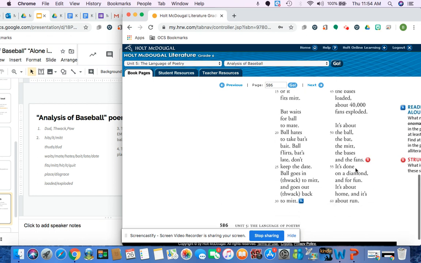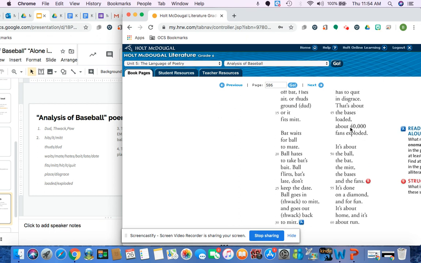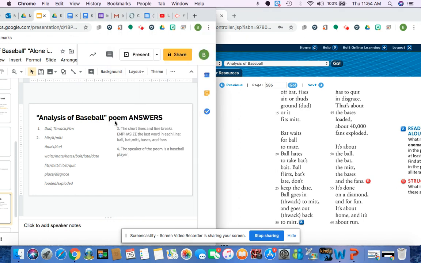And then lastly, loaded and exploded both rhyme as well. And then in the last stanza, there is not any rhyming found there. So the biggest thing with finding rhyming words is that you need to look in the stanzas and you need to say them out loud. When I go to try to find rhyming words in a poem, I say it out loud.